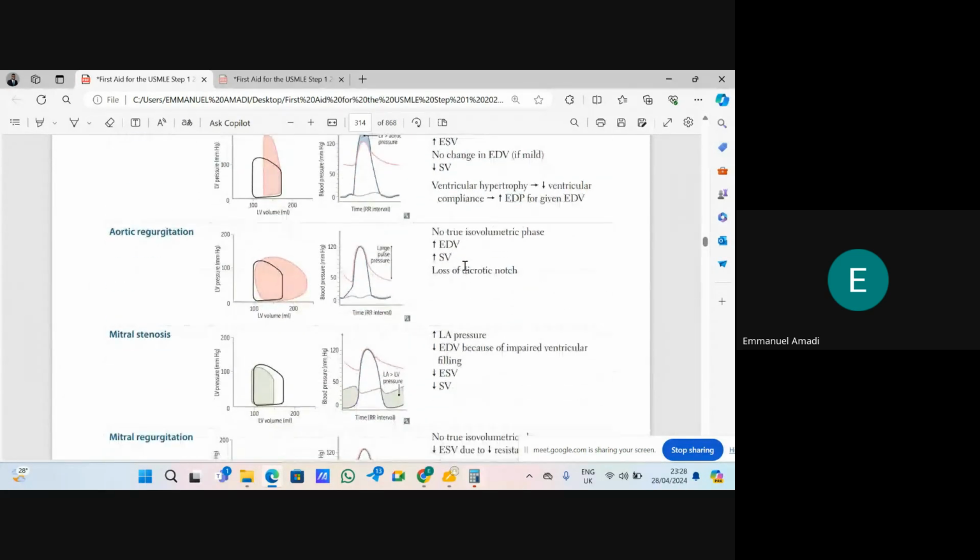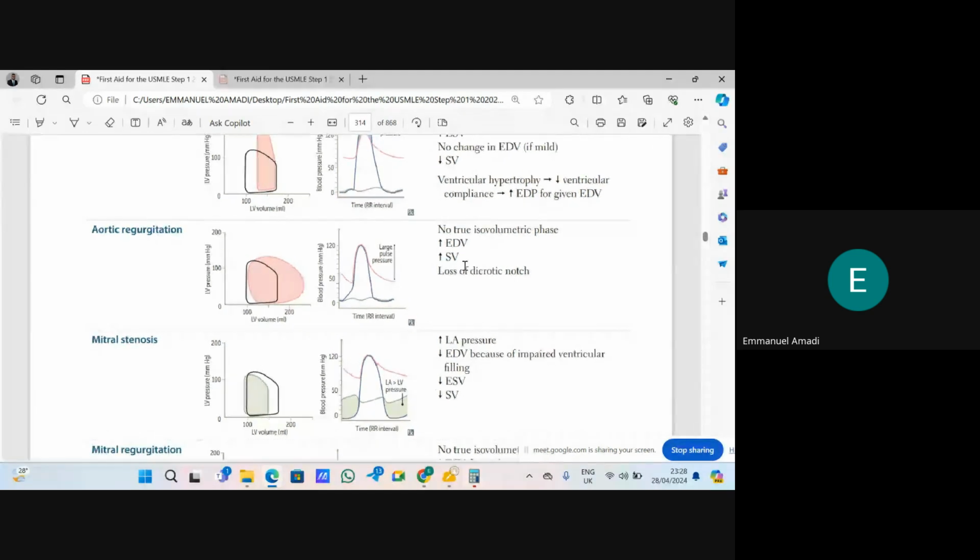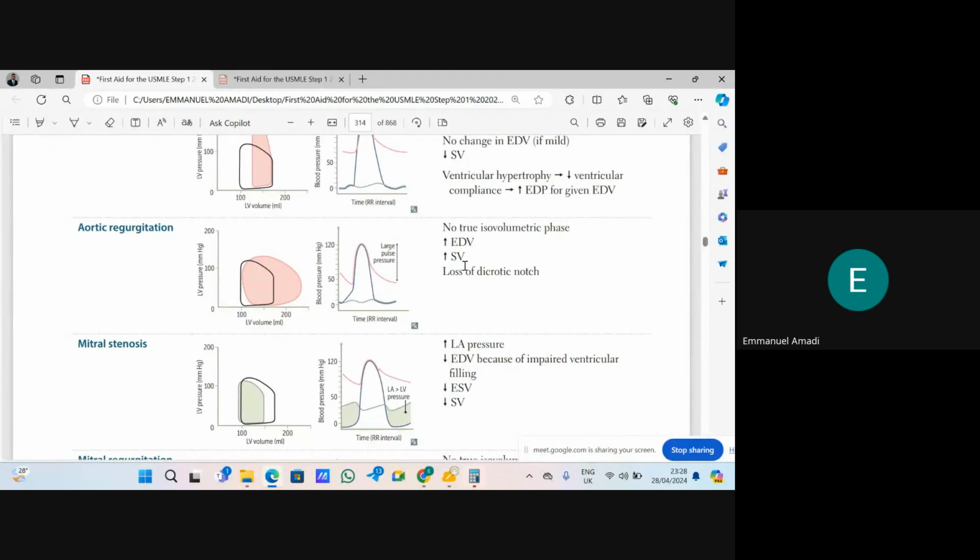Now, what I want you to understand is this. If you look at a particular graph and you cannot see the isovolumetric relaxation or the isovolumetric contraction, the graph you're dealing with is definitely a graph of regurgitation.